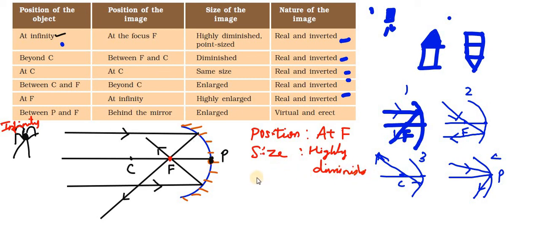Next, nature: it is real and inverted. So this is the ray diagram when the object is placed at infinity.